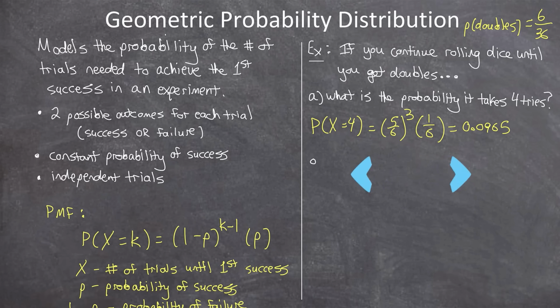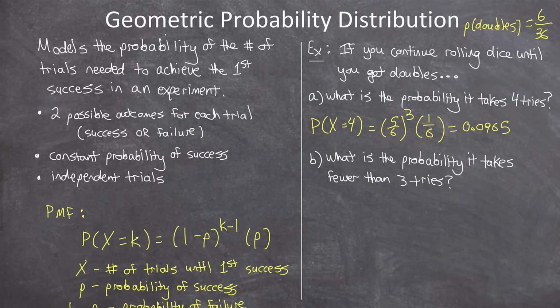Let's do a part B. If we want the probability it takes fewer than 3 tries to get doubles, so probability the waiting time is less than 3, well, that would mean that the waiting time is either 1 or 2. Either happens on your first try or your second try. So if I add the probability that the waiting time is 1 with the probability that the waiting time is 2, that will answer this question.